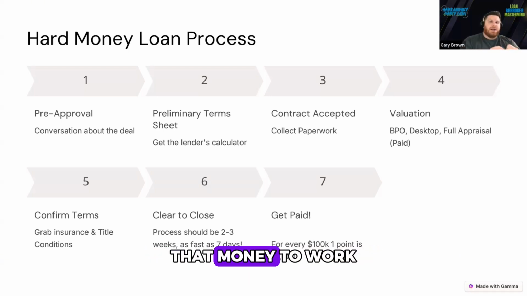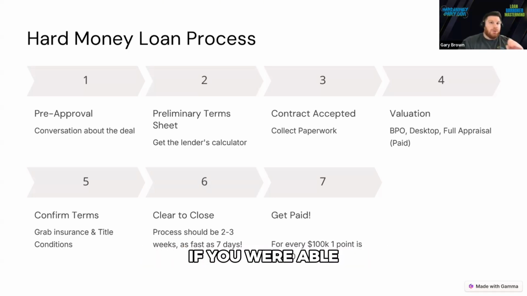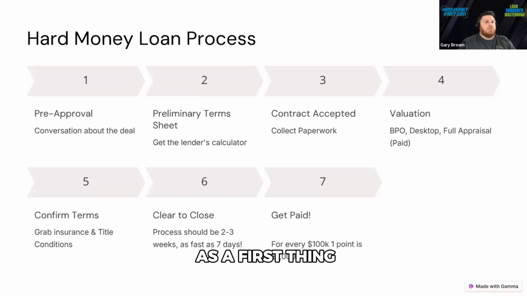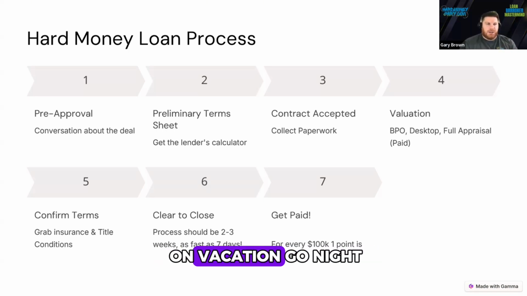What would you put that money to work doing right now inside your business? And if you're brand new to business in general, if you were able to make that commission, what would you do as the first thing? Would you put it back into developing more of a business for yourself, or would you go on vacation? Go get a nice Louis bag.